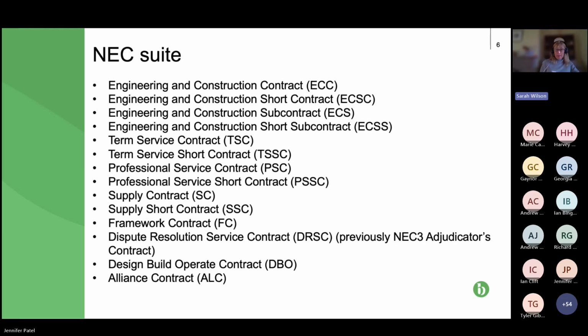Next 4, we have the supply contract and short form. So that's just supplying materials where no installation is required from the contractor or subcontractor. Then we have a framework contract. We'll see there is one for JCT, and dispute resolution provisions, again similar for JCT. And then the two new contracts that were issued with NEC 4 are the design, build and operate, which is what it says it is.